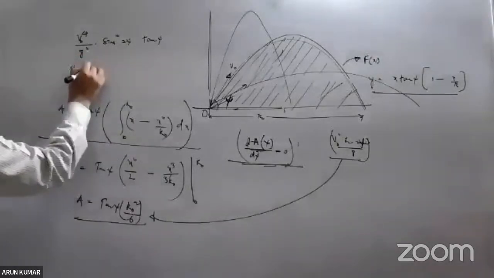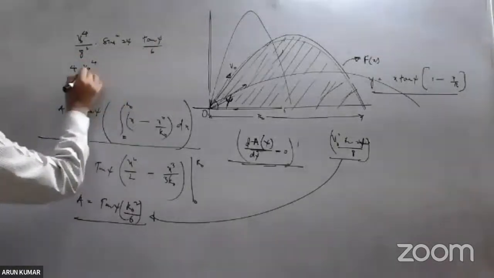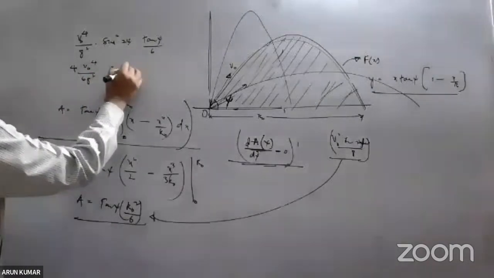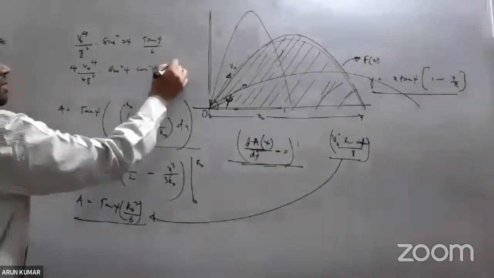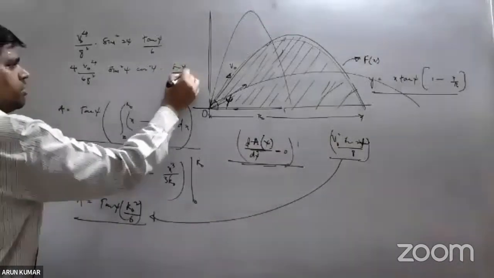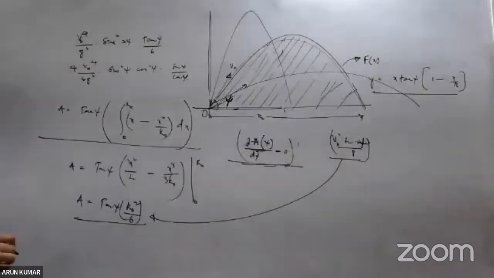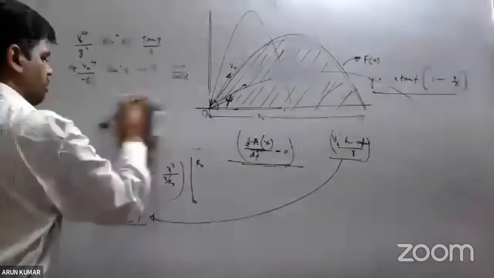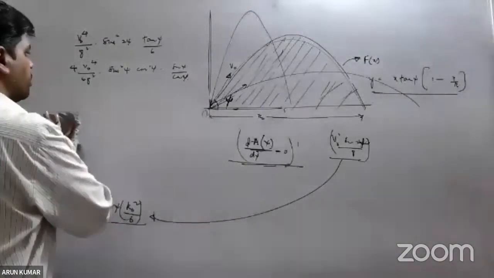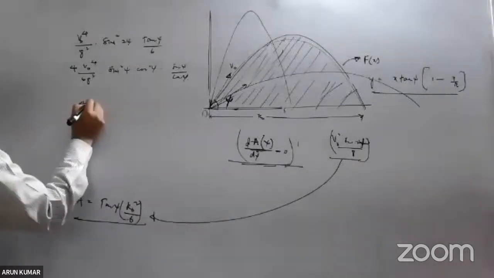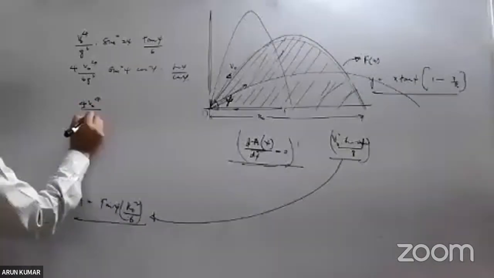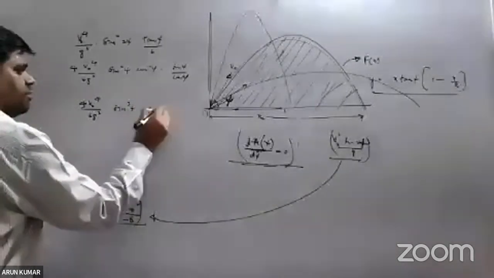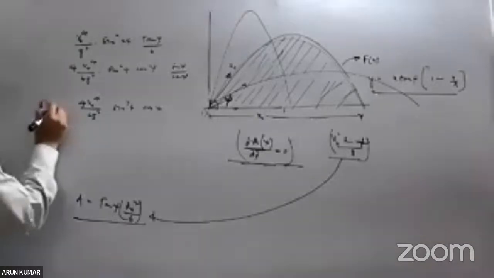So I'll have 4 v naught power 4 by 6 g square, sine square psi cos square psi times sine psi by cos psi. So I'll have 4 v naught power 4 by 6 g square into sine cube psi times cos psi. Now this is my A as a function of psi.